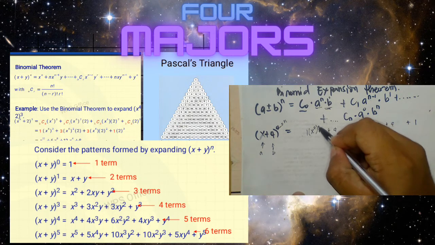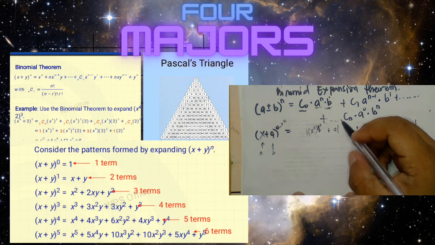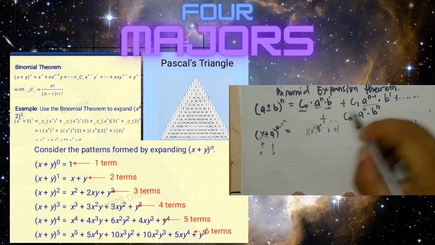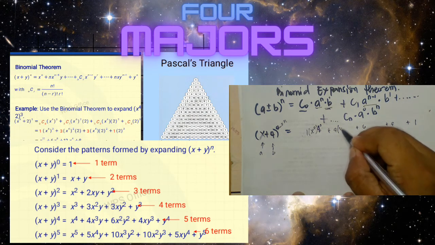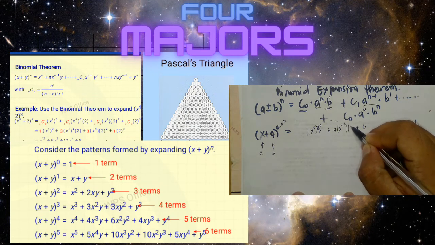So that's 4 raised to 0, and then multiplied by this one, n minus 1. So that is x to the 4 minus 1 times b, which is 4 to the power of 1.